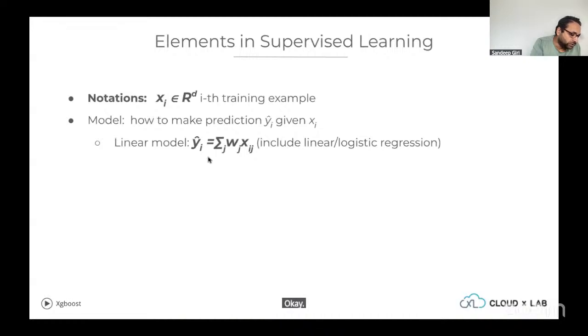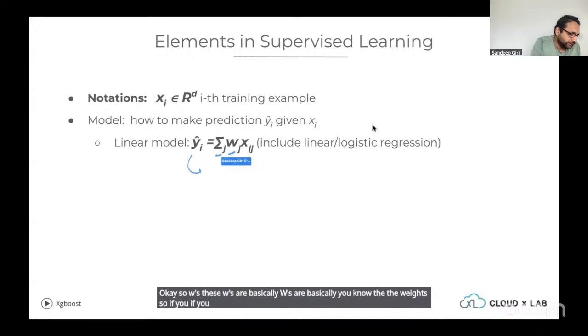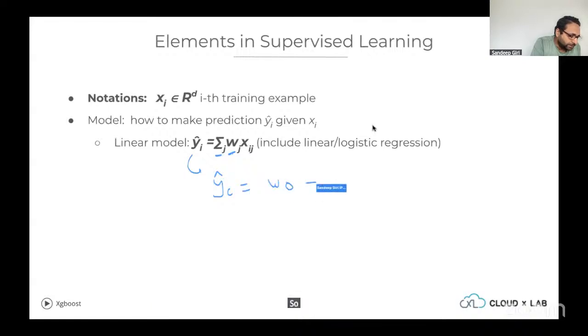So these W's are basically the weights. If you ignore the sigma for a moment, we can write it as W0 plus W1 X1 plus W2 X2 like that, right?